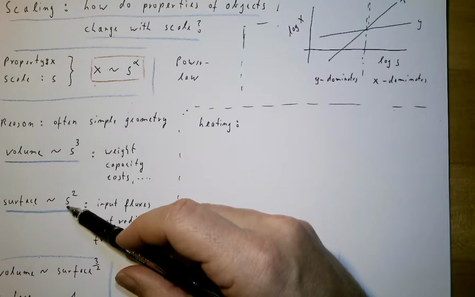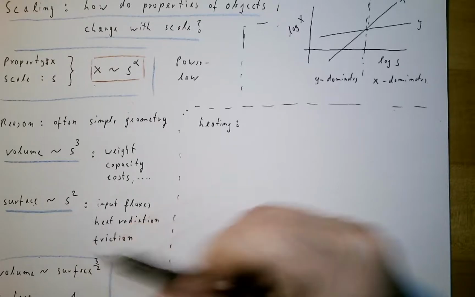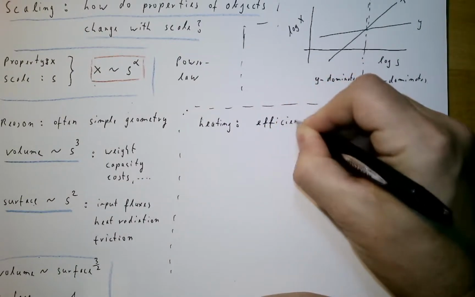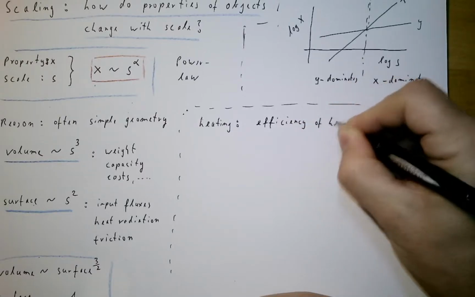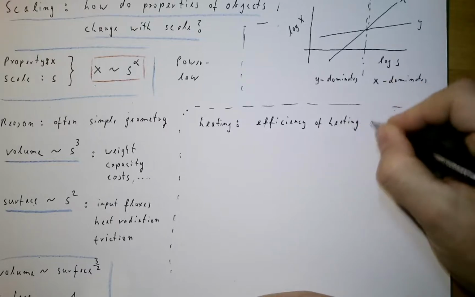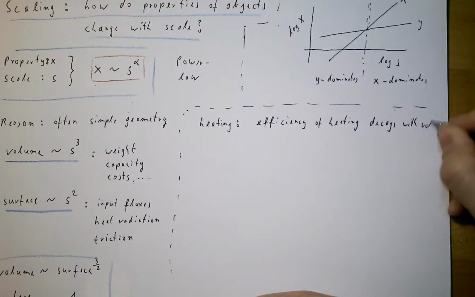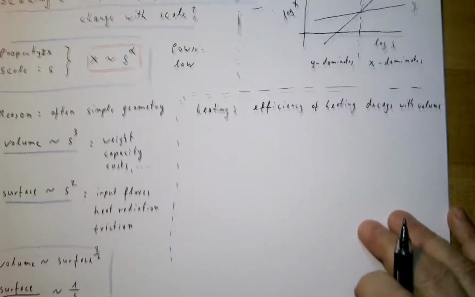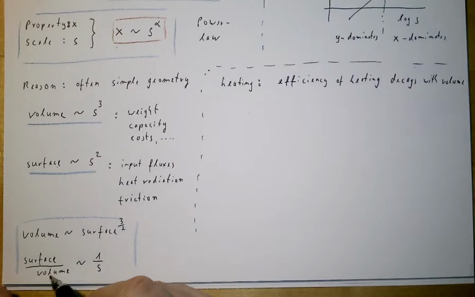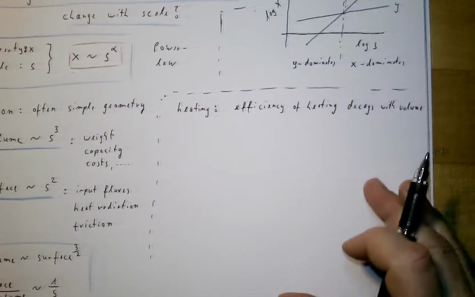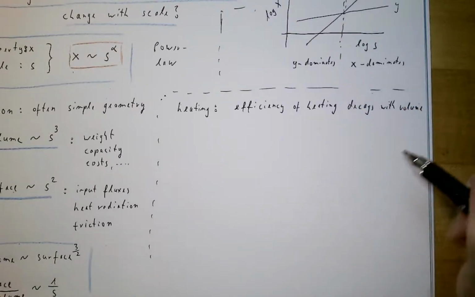Then it means the efficiency of the heating decays with the volume, because the efficiency has something to do with the surface to volume ratio, and for large volumes the surface to volume ratio decays. This means that when you have a very big oven, it will not be as efficient.